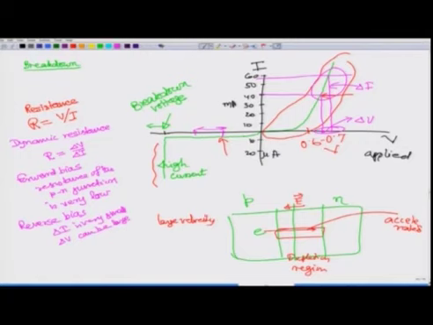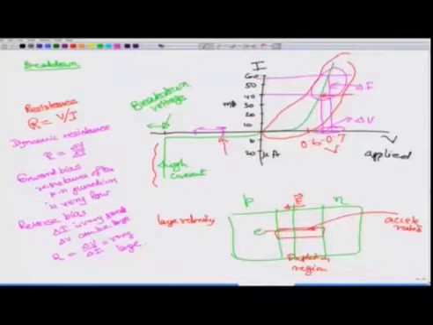So, if you define R, which is delta V by delta I, this will be very large. So, in forward bias the PN junction offers a low resistance, in reverse bias it offers a large resistance.